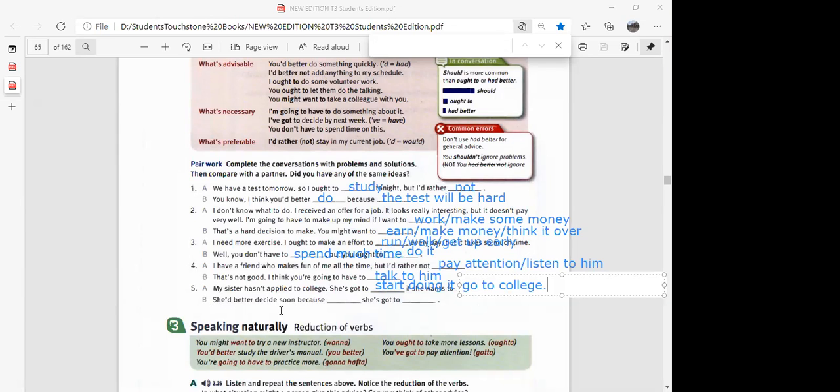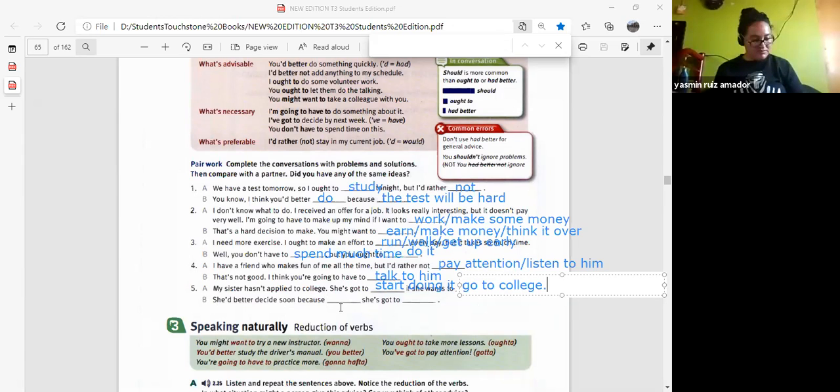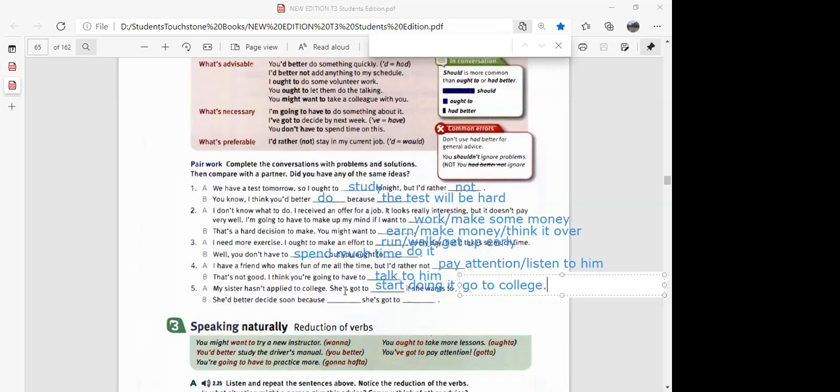Letter B, she'd better decide soon because it's late. Any ideas? Because it's late, maybe. Because she's being late. Out of time. Yes.